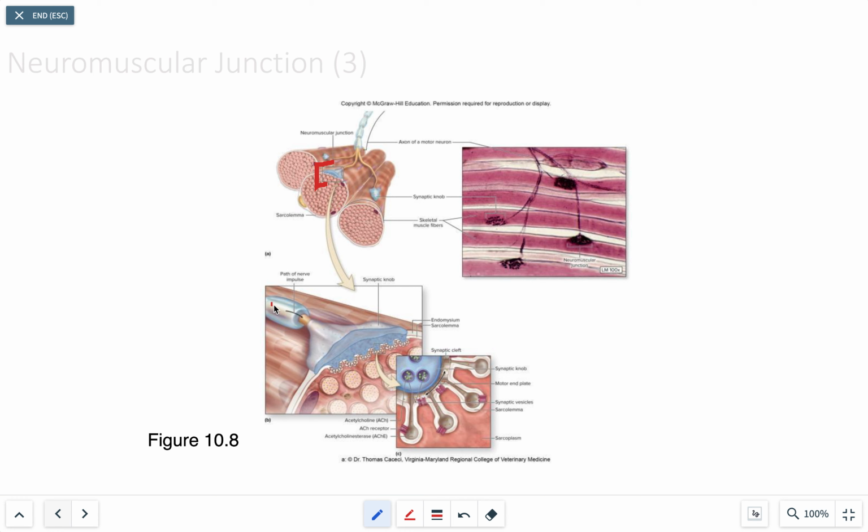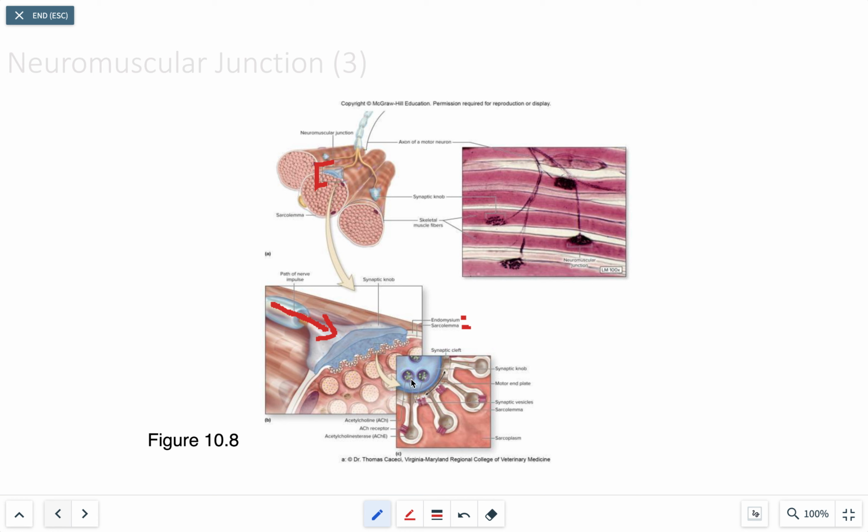As mentioned, the action potential or the signal will be coming down through the motor neuron into the first structure called the synaptic knob. This synaptic knob is located along the endomysium, and particularly it's located along the surface of the sarcolemma.